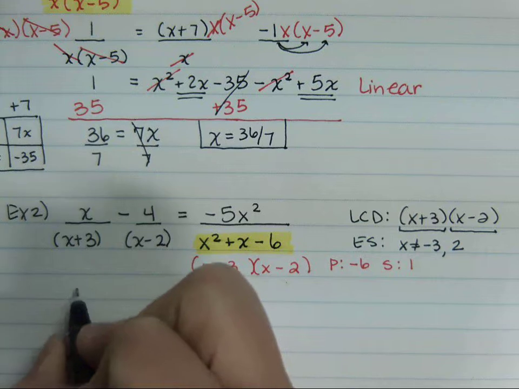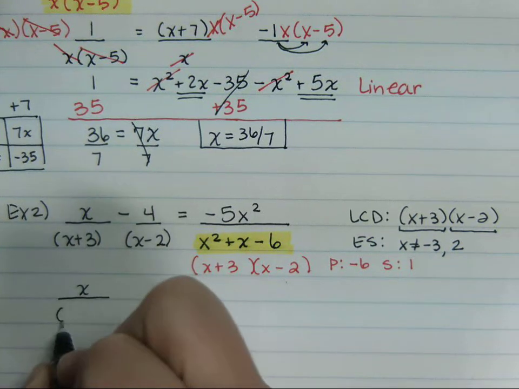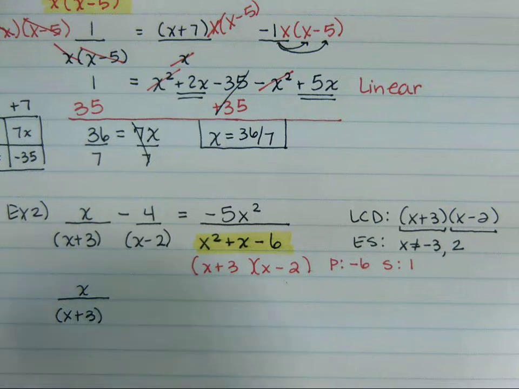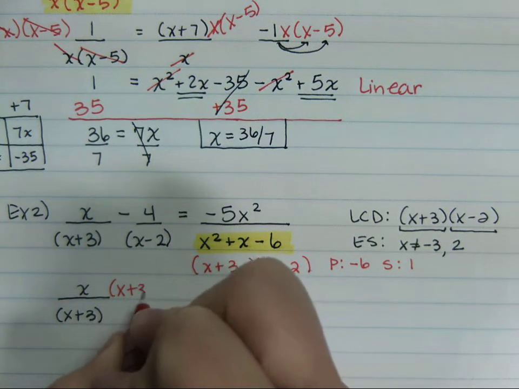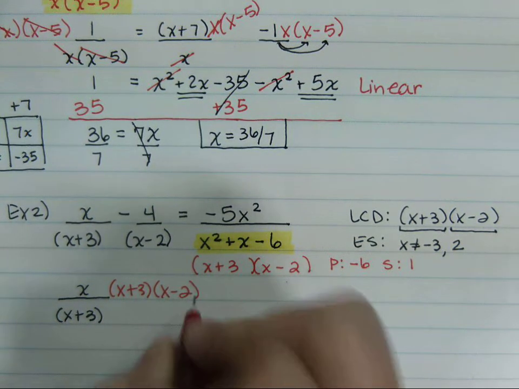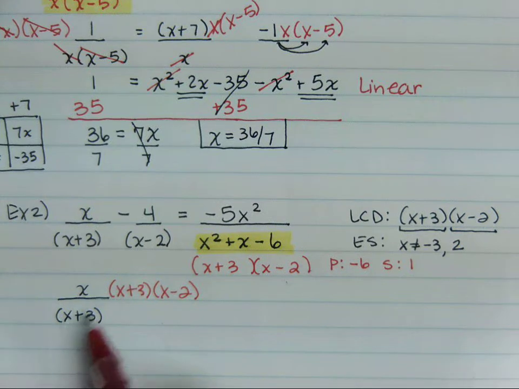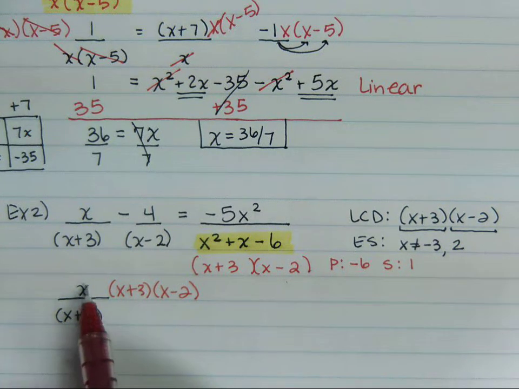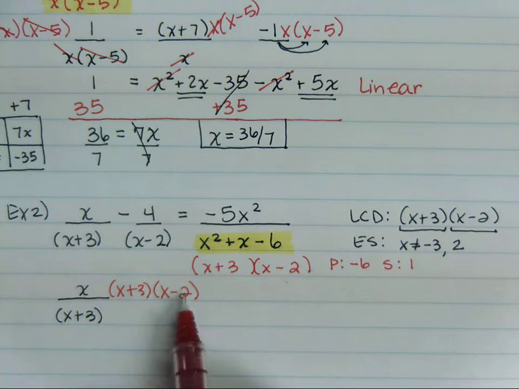That means that if I were to take this fraction right here, I'm normally going to multiply by those two factors, and one of them is always going to cancel. So really what I'm doing is multiplying the numerator times the factor that's not in my denominator.